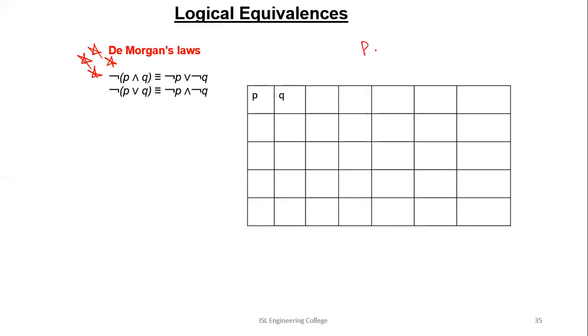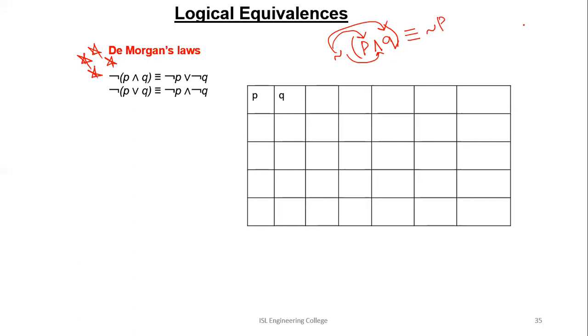So we have P and Q. Whenever we apply complete negation to P and Q, it will be equivalent to applying negation to P, then applying negation to the symbol, and then applying negation to Q.